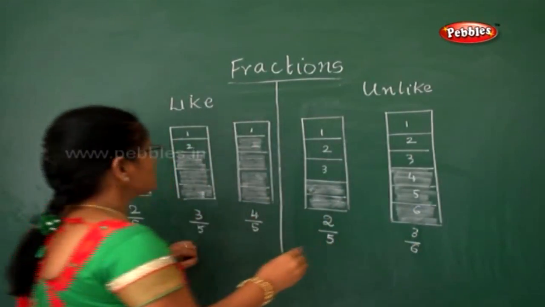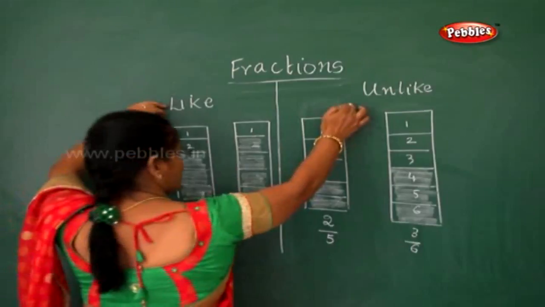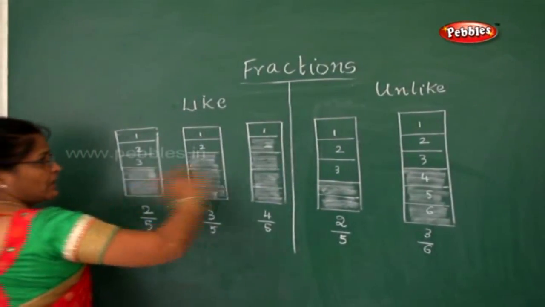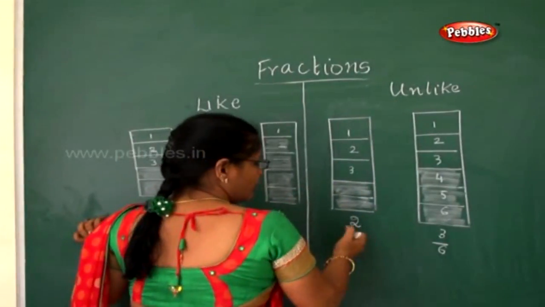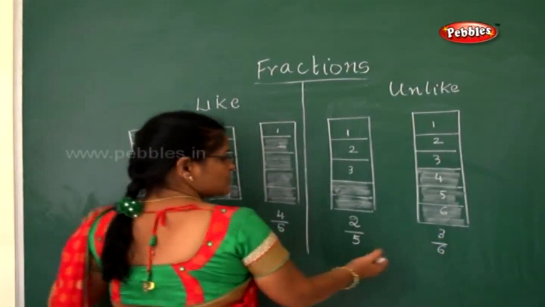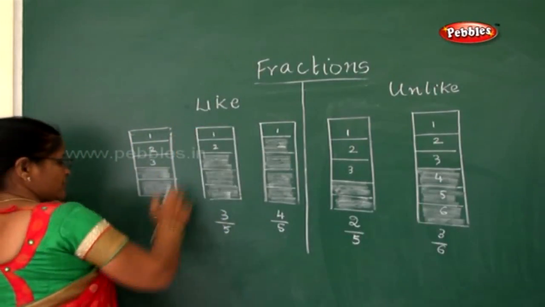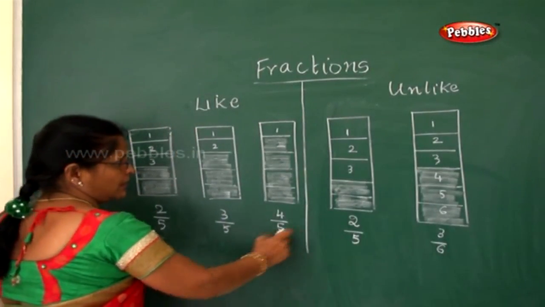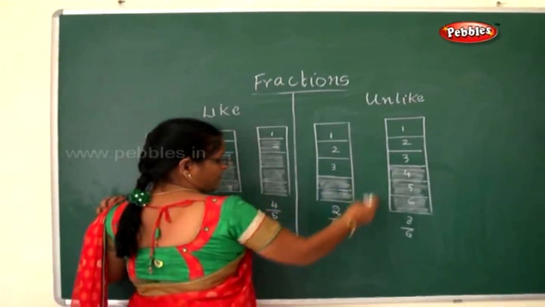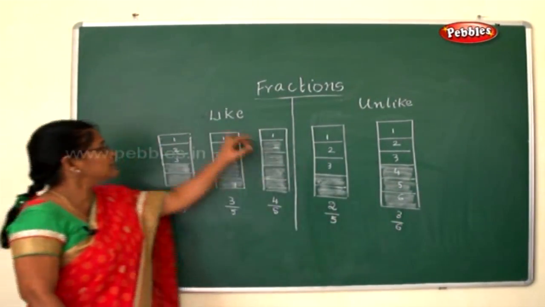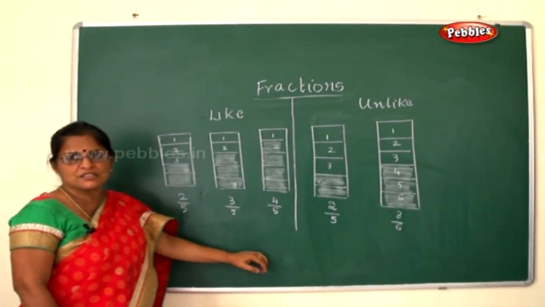So here what is like fraction and unlike fraction is, see the denominator will be the same in like fraction. In unlike fraction the denominators will be different. This is what you call it as unlike fractions. See, like fraction is the denominators will be the same. The denominators will be different. This is what you call it as like fraction and unlike fractions.